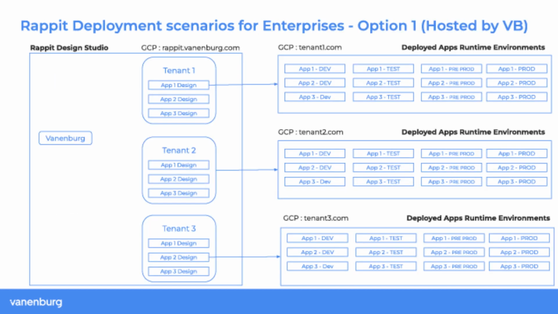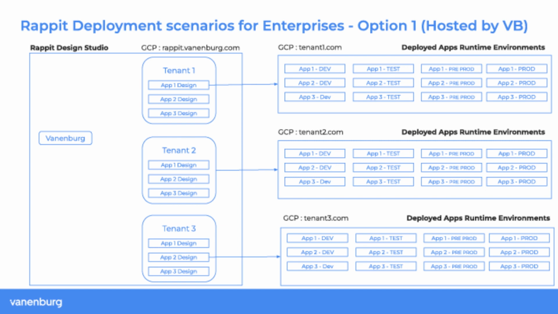Yeah. Rapid deployment scenarios. For rapid deployment scenarios for enterprises, there are two options. The first option is where Rappit itself is hosted by Vandenberg, and the different customers who want it are taking basically a tenant in Rappit, which is hosted by Vandenberg, and then inside their own tenant, they are creating their applications.